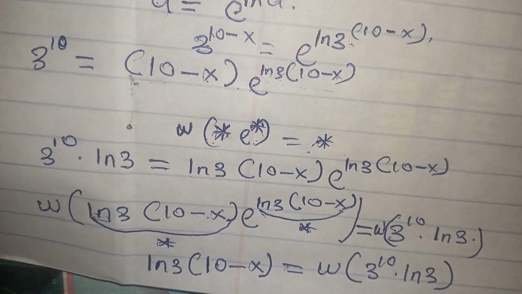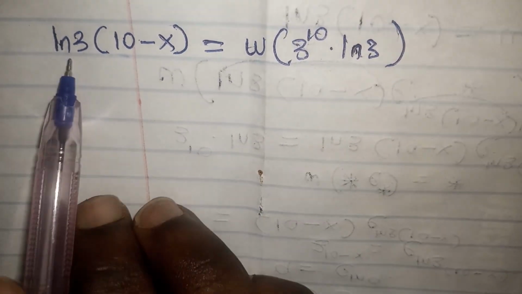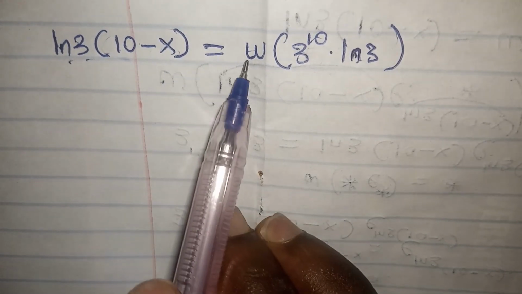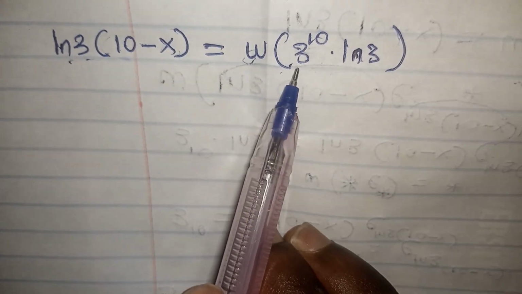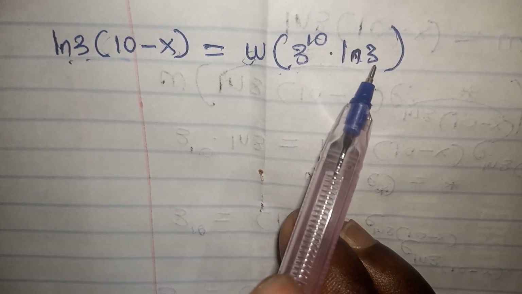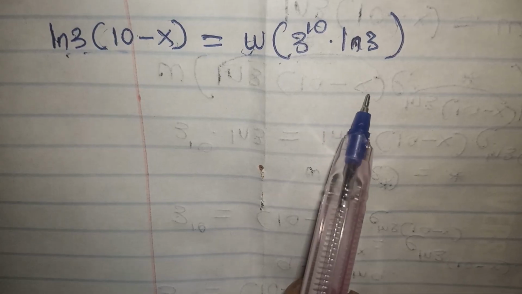So let's solve further. Since we are now having ln 3 (10 minus x) equals the Lambert W function of 3 to the power of 10 times ln 3, the next thing we can do is divide both sides of the equation by ln 3.